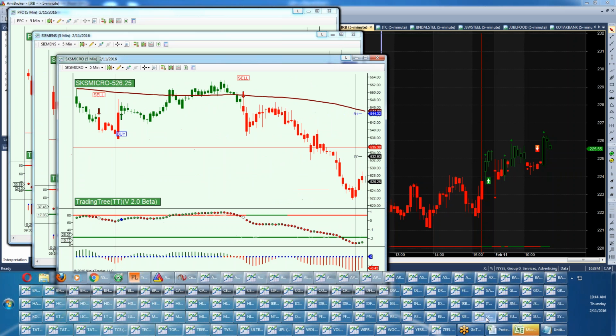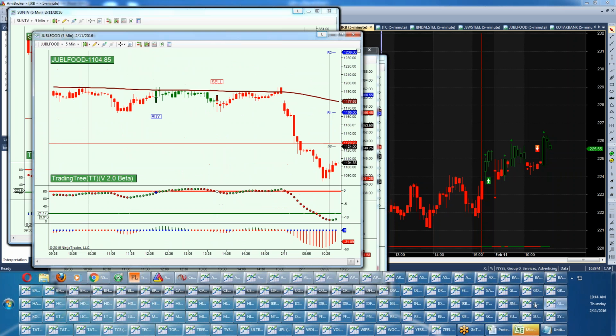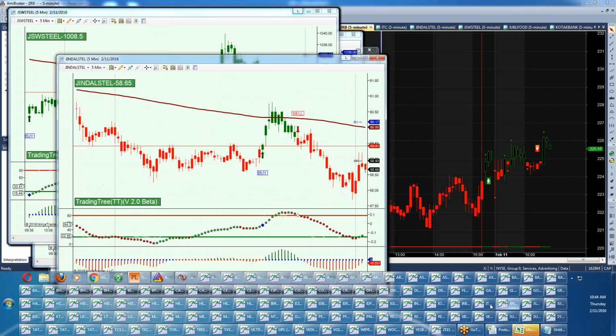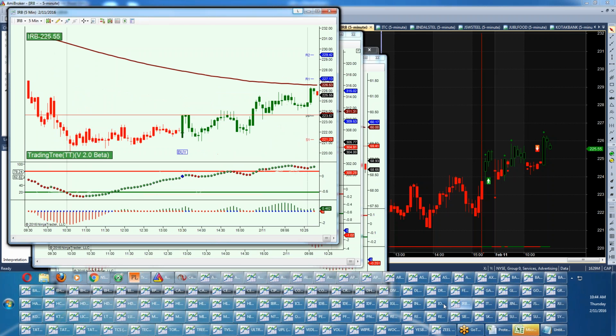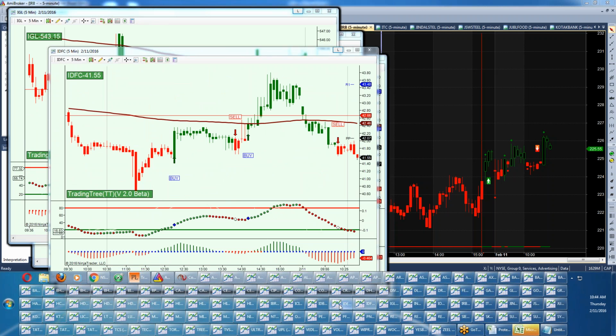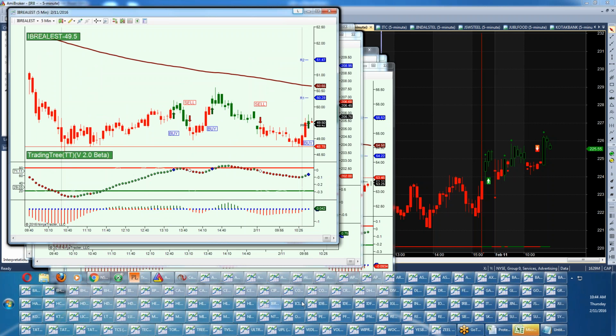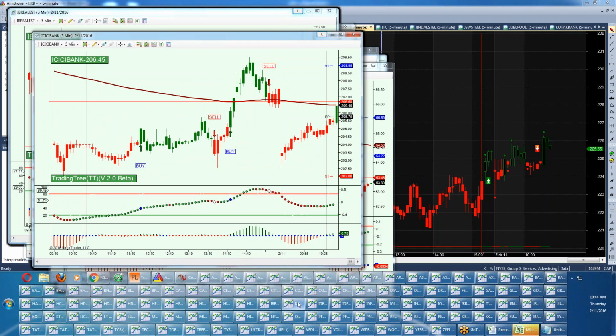Well, there are cases when sometimes your stop loss will be hit, but when you compare it with your profits, that will be negligible. We should get a buy call in ICICI Bank.